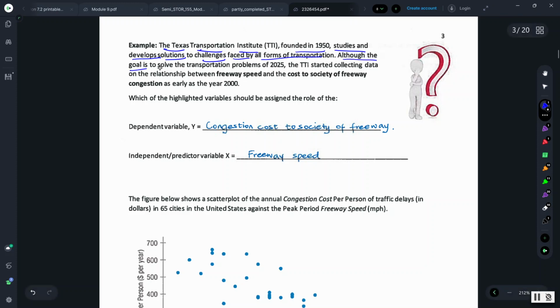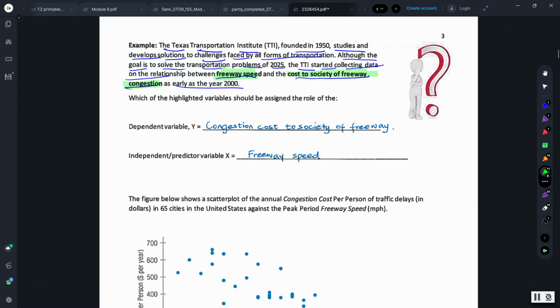Although the goal is to solve the transportation problems of the year 2025, the Texas Transportation Institute started collecting data on the relationship between freeway speed and the cost to society of freeway congestion as early as the year 2000. So, in this context, we are looking at two variables, freeway speed and how much it will cost an individual who is stuck in traffic.